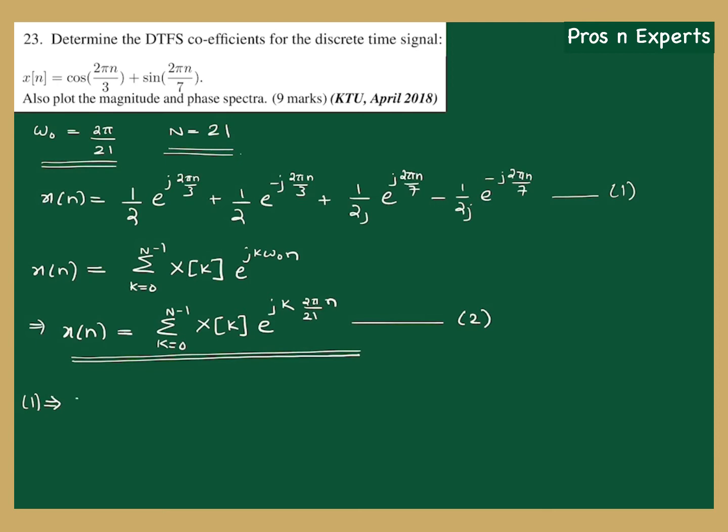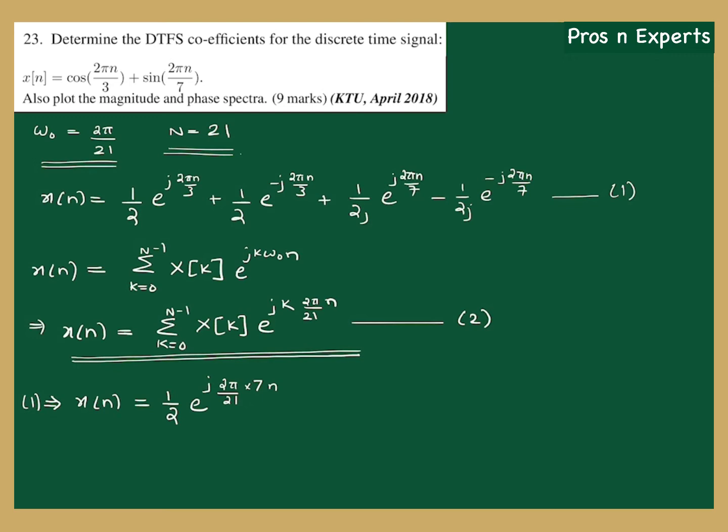So equation number 1 can be written as x of n equal to half into e raised to j into 2 pi by 21 into 7n. Is that right?